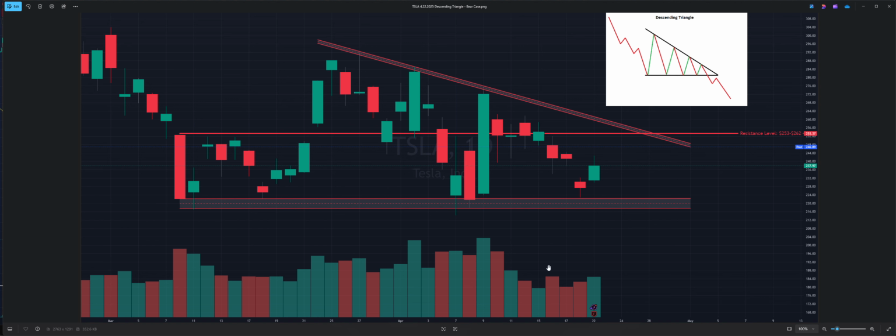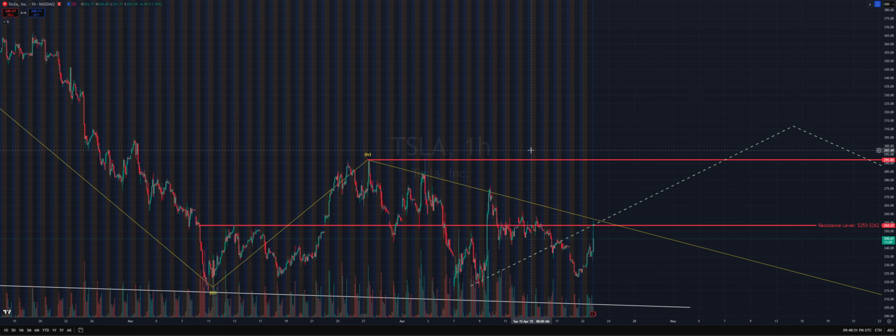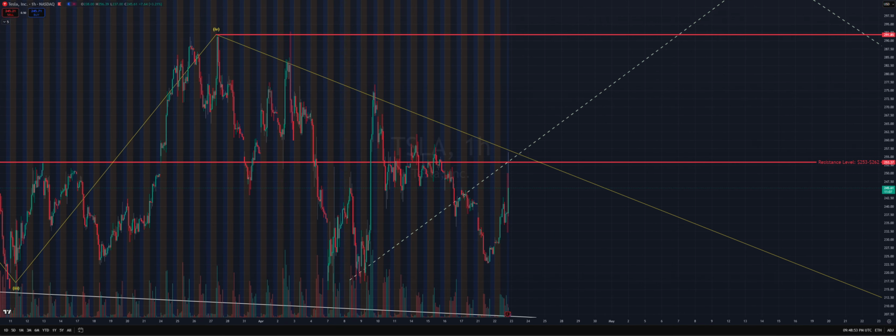What I see playing out for Tesla so far is still this bear case scenario, unless I have some sort of confirmation where Tesla is breaking above this level over here. You see, we tapped this level right here, it's 253, and got rejected back down.